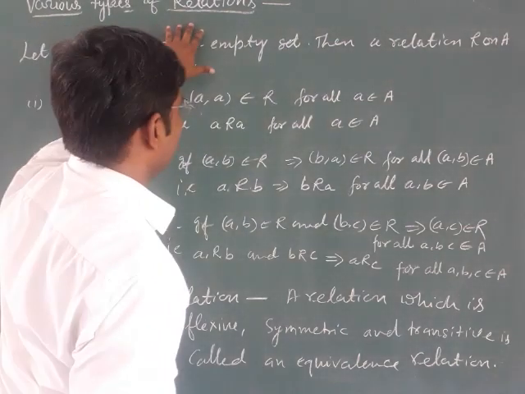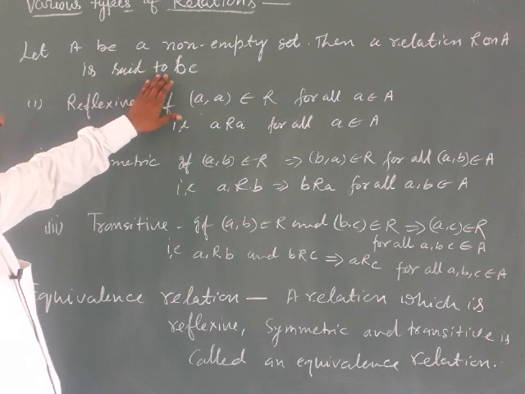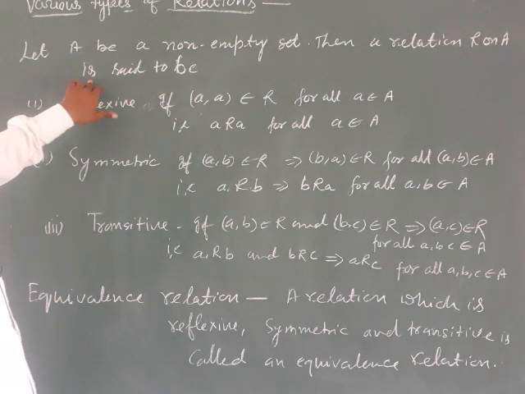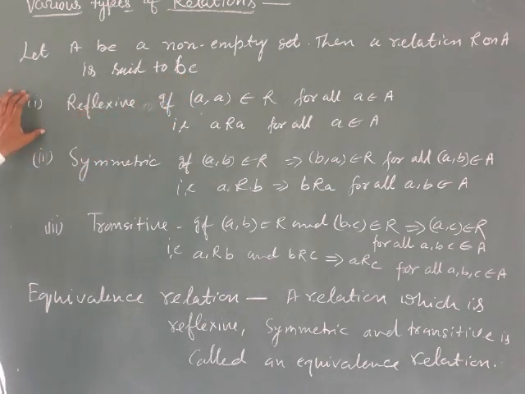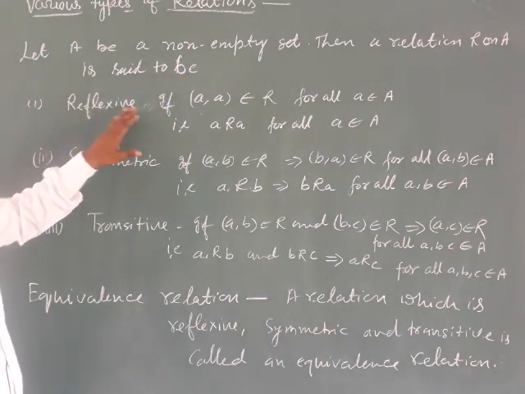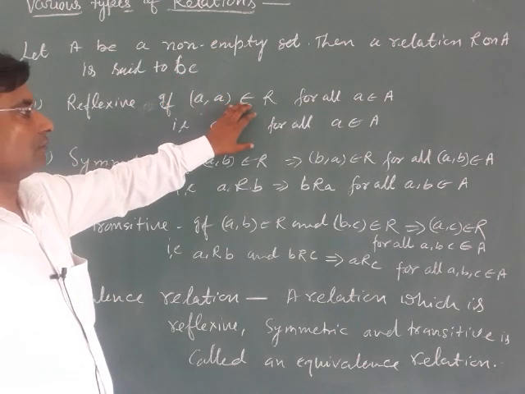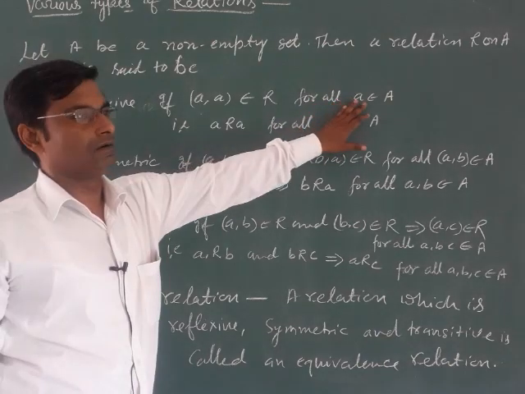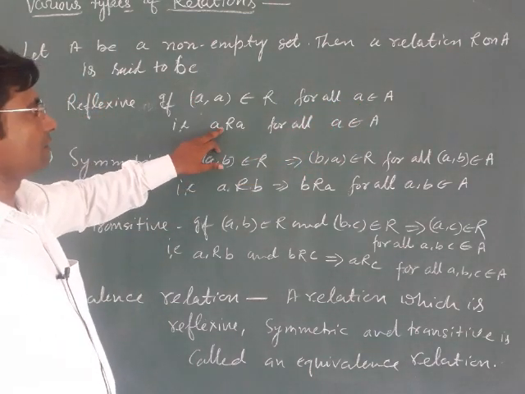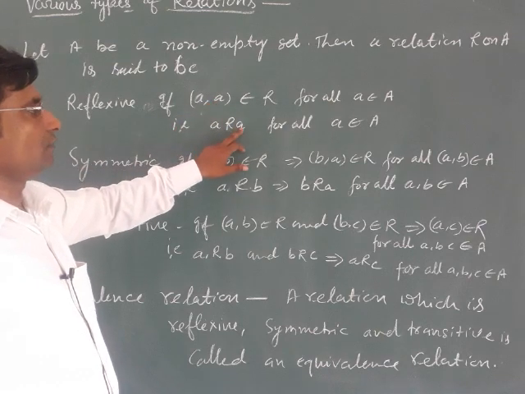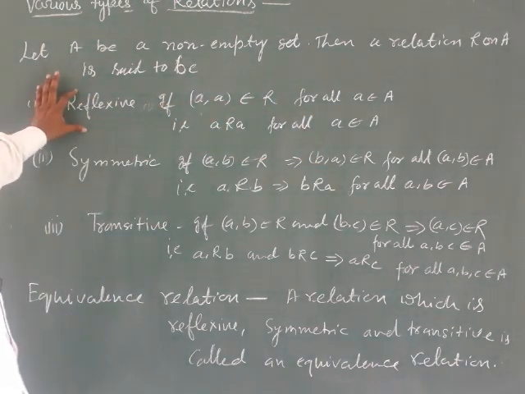Various types of relation. Let A be a non-empty set, then a relation R on set A. First, reflexive: if the ordered pair (a, a) belongs to relation R for all a belonging to A, that is, a is related to a for all a belonging to A. This is reflexive.